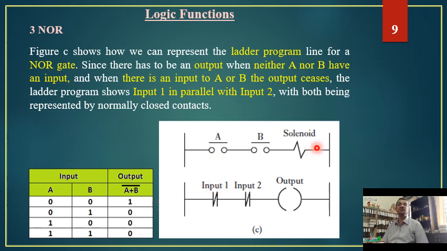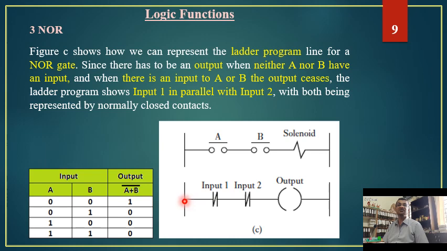So this is the equivalent circuit. The only thing is that this A and B are normally closed. For OR it was normally open, now it is normally closed. It means that even when input is not there, even when input 2 is not there, output is still there because they are normally closed.